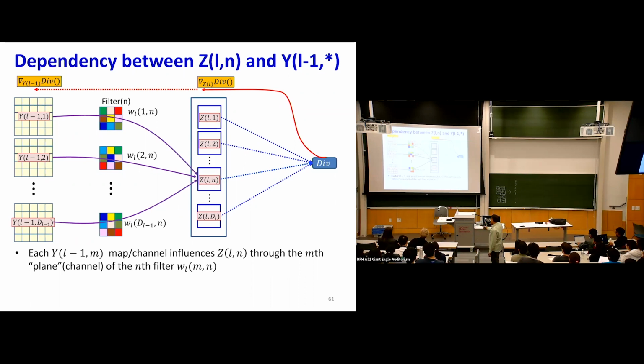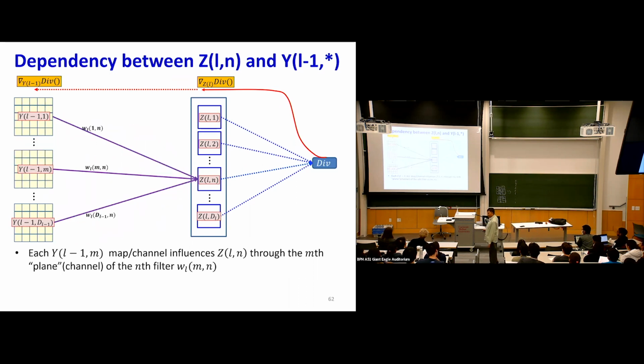So every input channel is going to interact with the corresponding channel of the nth filter to compose the nth output map. So every input map contributes to the nth output map.